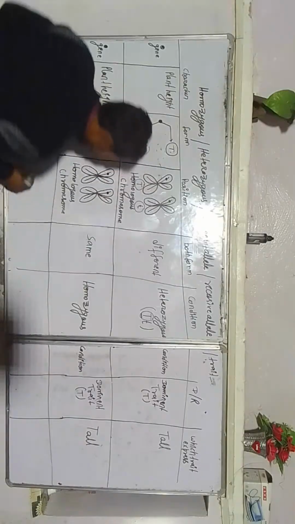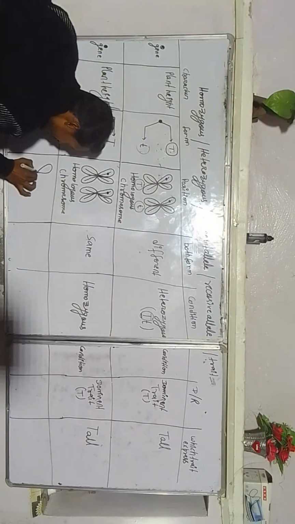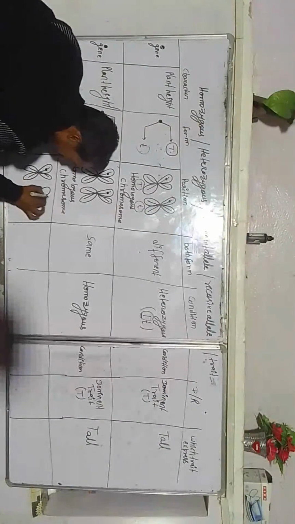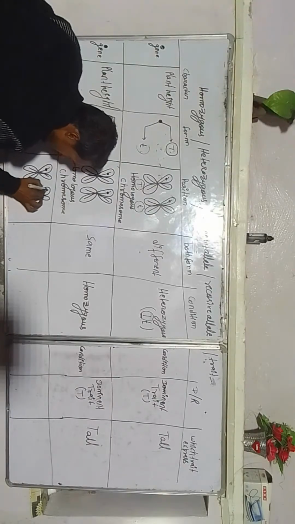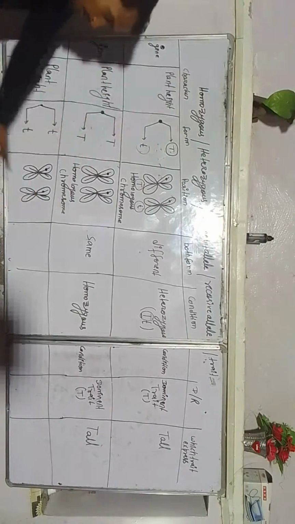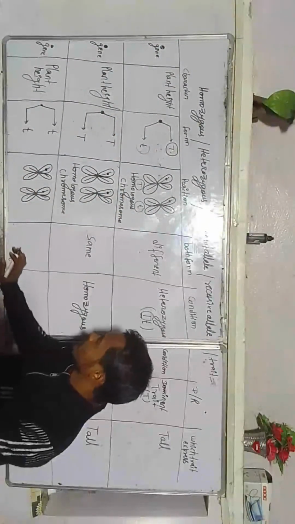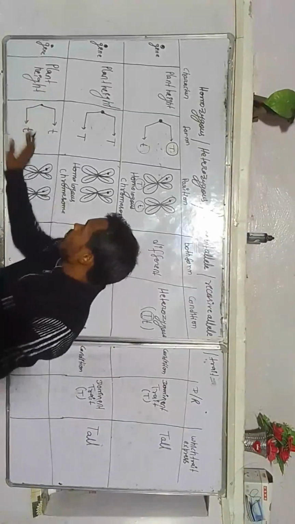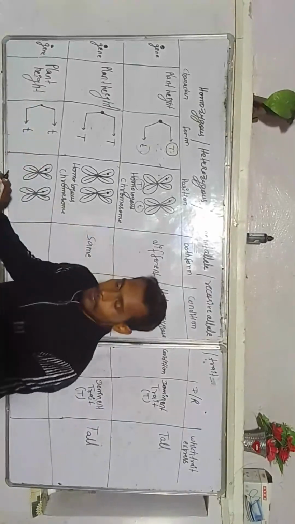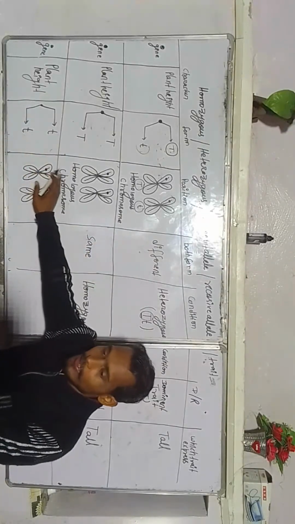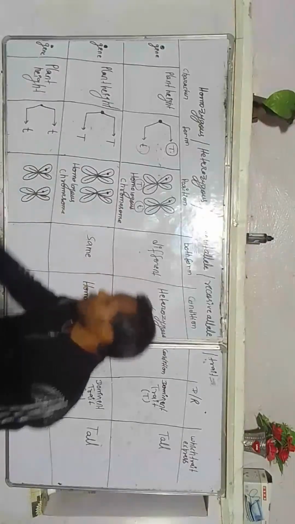The chromosome is of the same condition, homozygous, homologous. You see here, both are the same allele.